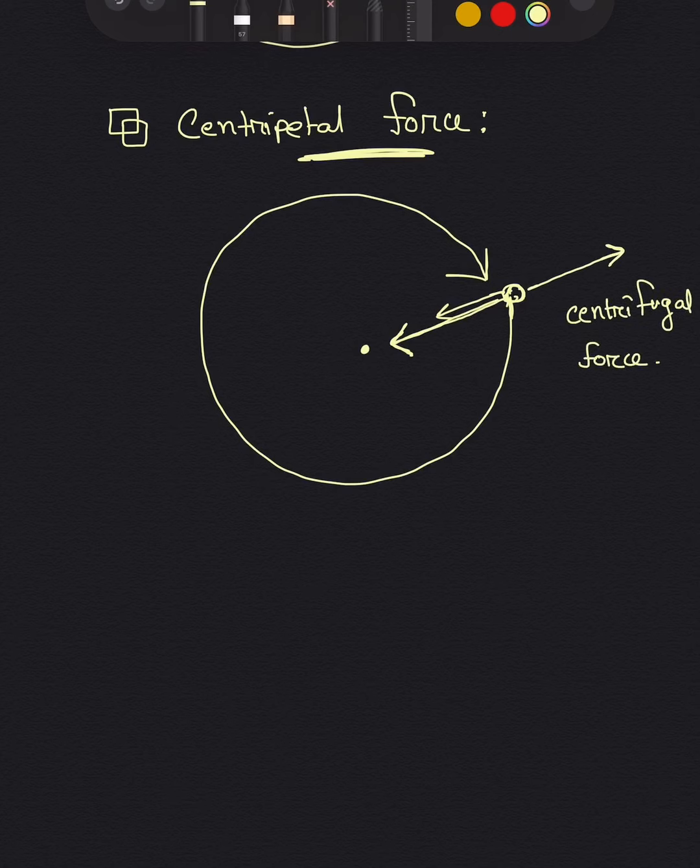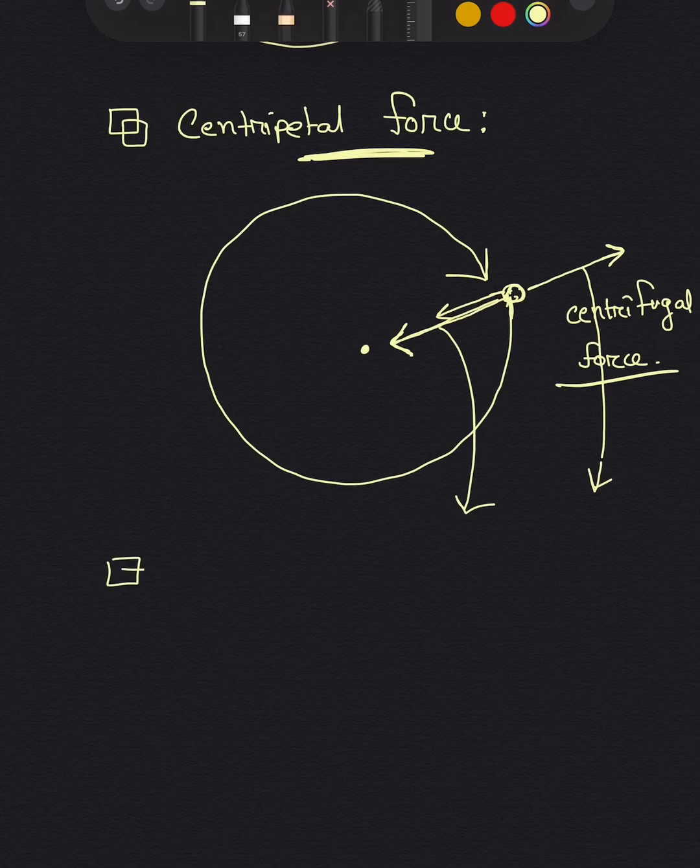From Newton's third law, we know that every action has an equal and opposite reaction. So this action is neutralized by this equal and opposite reaction. Since the centripetal force has a direction which is towards the center of the circle, centripetal force is called a vector quantity. And the centrifugal force acts in the outward direction, so centrifugal force is also a vector quantity.